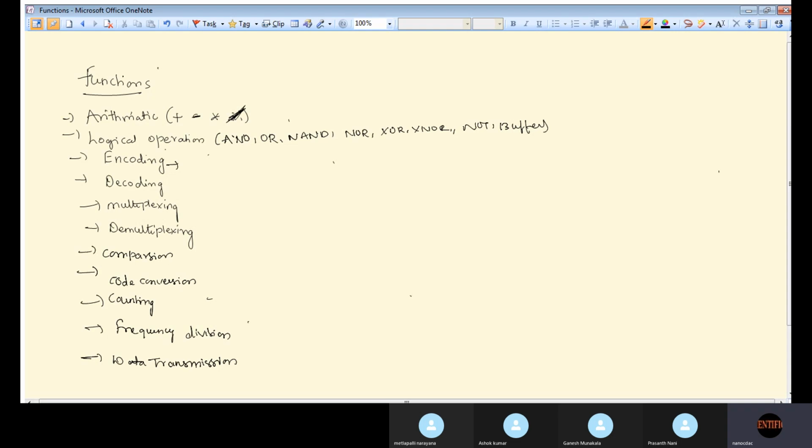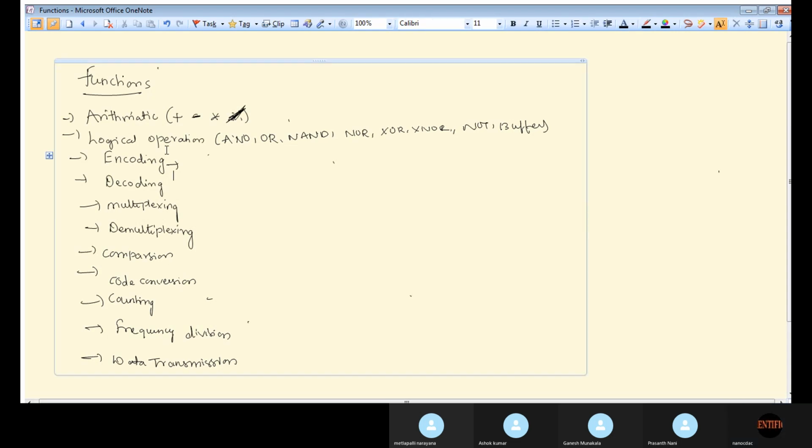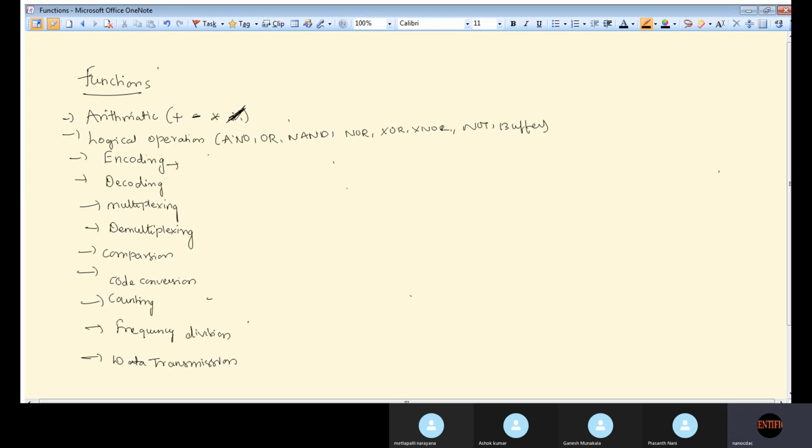Encoding. What do you mean by encoding? Encoding and encryption are slightly different, I will tell you. An encoder takes digital data.